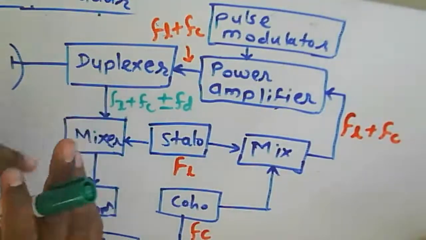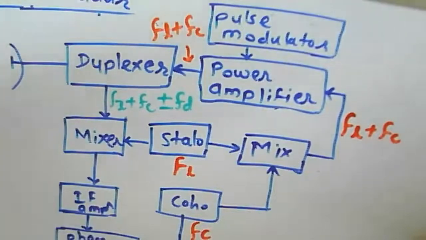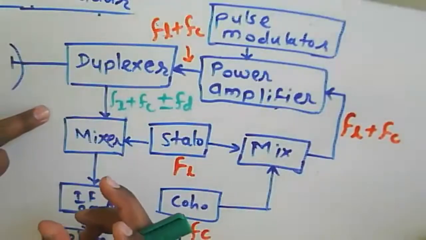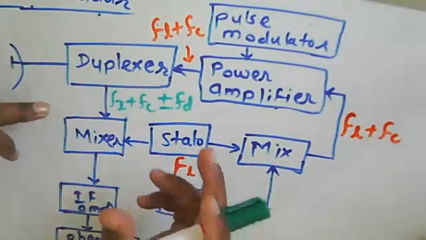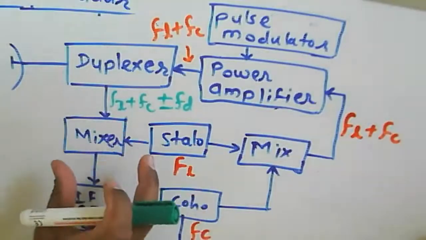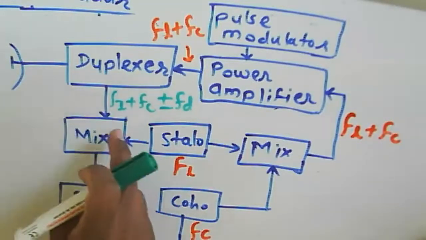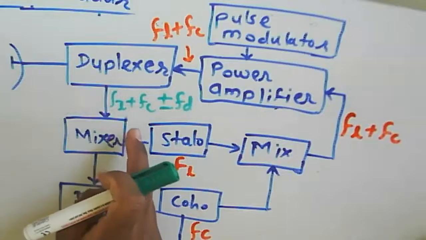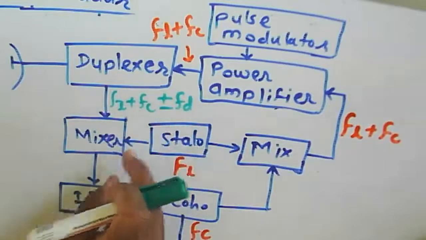In that case, we get some clutter signal. So the mixer input consists of f_L plus f_C plus or minus f_D.